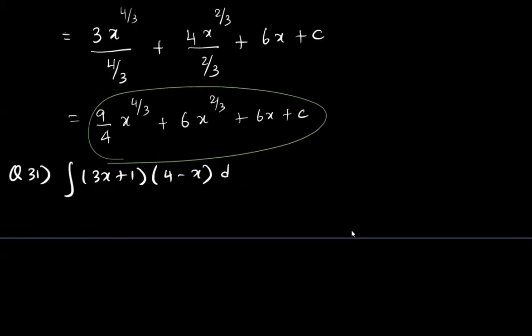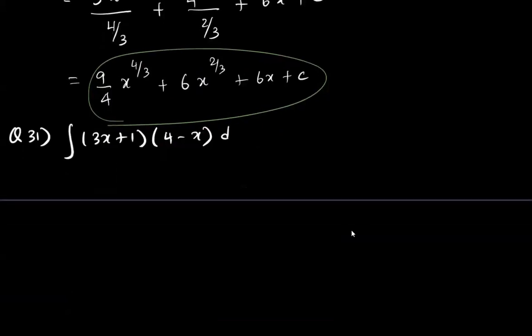So in the next one, you have a product. We are not going to apply any product rule or anything like that. All that we have right now in our hands is the sum and difference rule, constant multiple rule, power rule, and so on. So you have to distribute this and make it into a polynomial function. So I'm going to distribute. So I have 3x times 4 is 12x minus 3x squared plus 4 minus x, right?